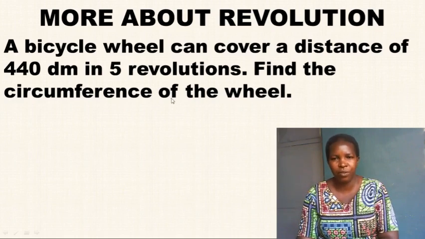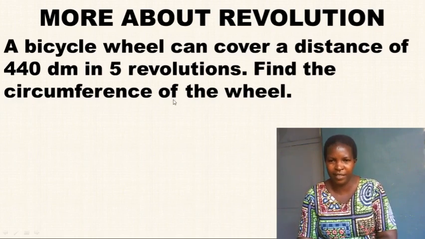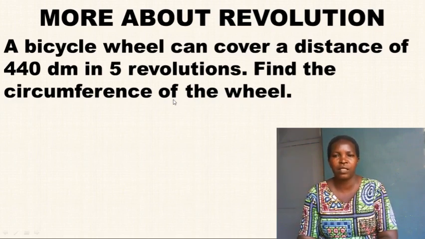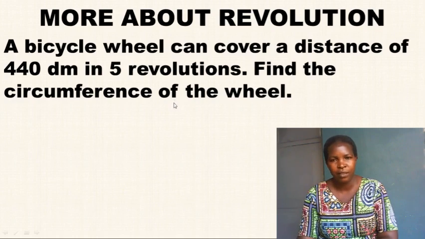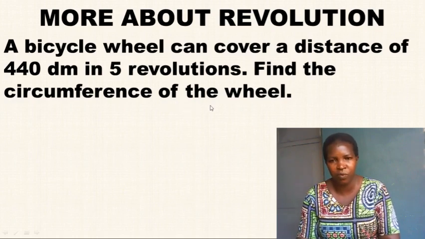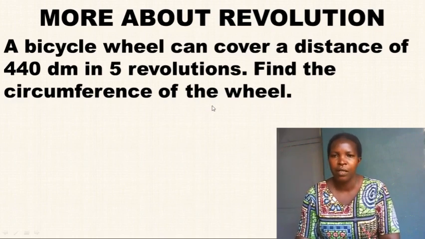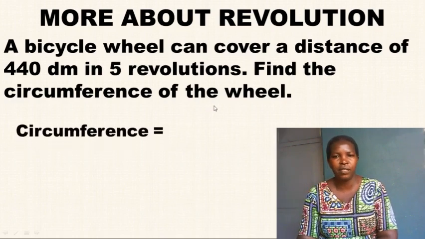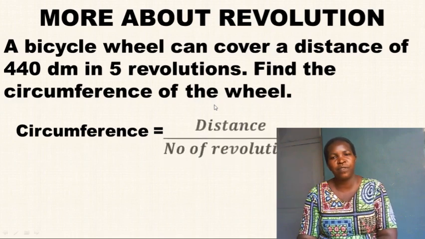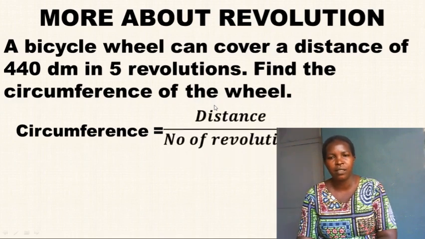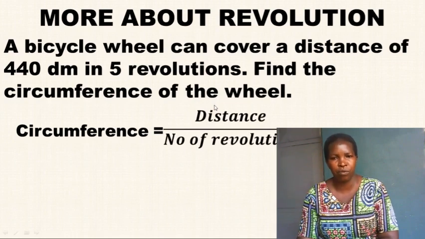In this situation, we shall need to borrow a leaflet from the previous lesson about how to get the circumference. Remember, there are 2 ways of looking for circumference in this question. We can use the formula, we can also use the proportions. But right now, we shall look at circumference being equal to distance out of number of revolutions.